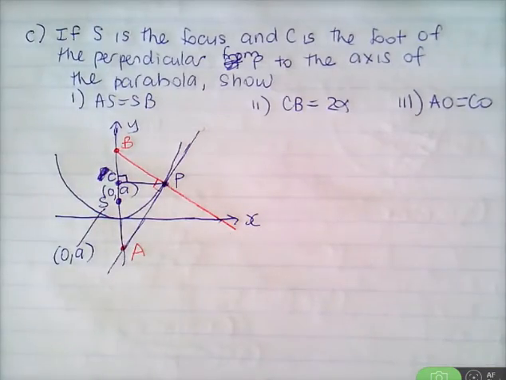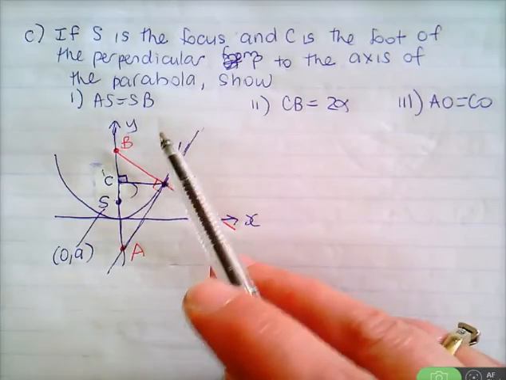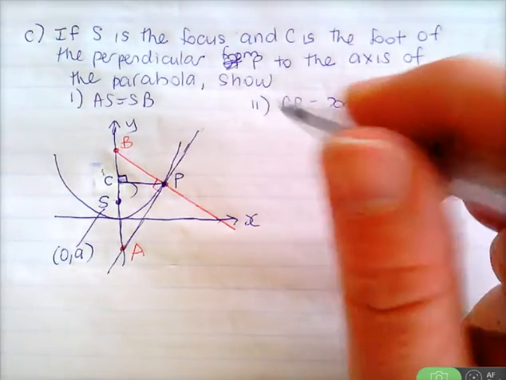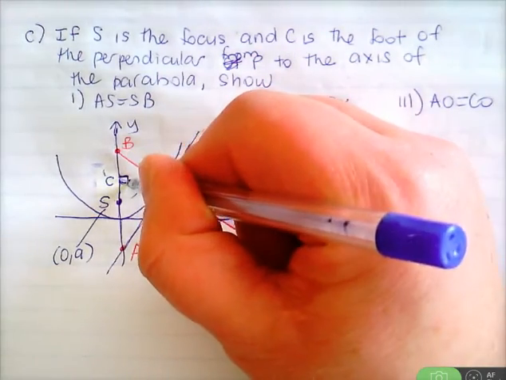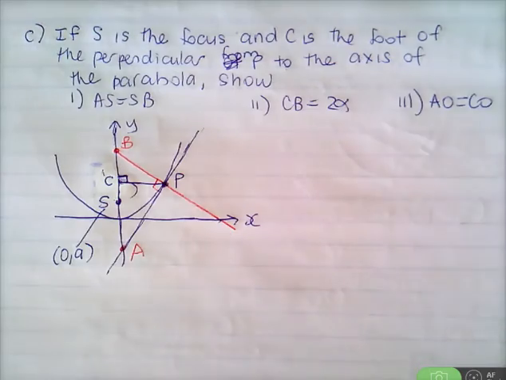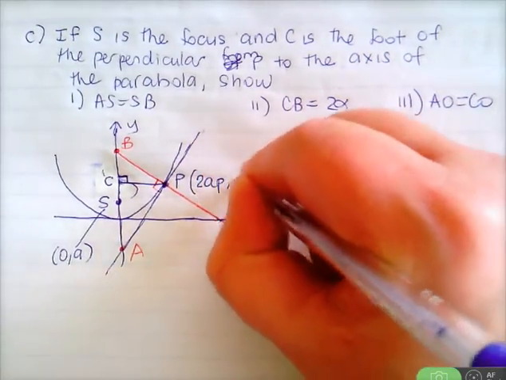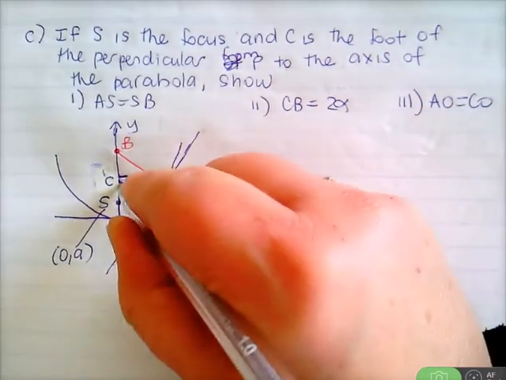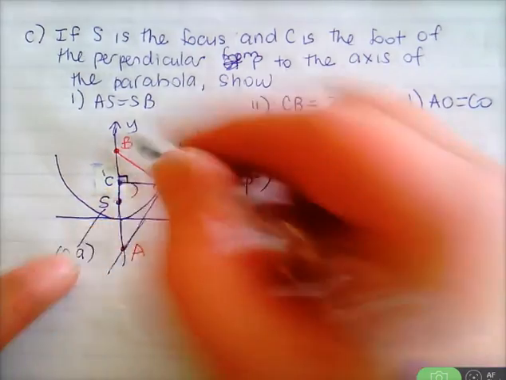So the foot of the perpendicular from P to the axis: you have to draw a line from P to the axis, and that line needs to be perpendicular to the axis. 0 AP squared. And C is the bottom of that perpendicular line. So if the coordinates of P are 2AP, AP squared, C is 0, across, AP squared.